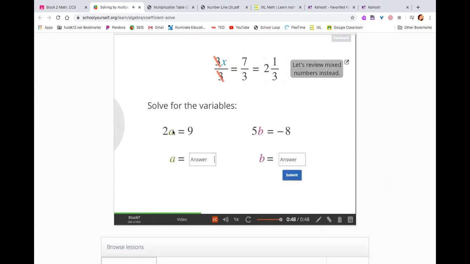Okay, so 2a equals 9. What do I want to do? Line in a 2. Line and a 2, line and a 2. This cancels out. So he said the answer is going to be a fraction. So can we divide 9 by 2?